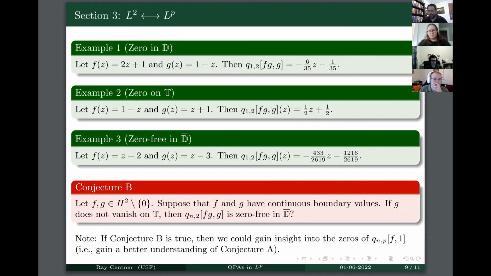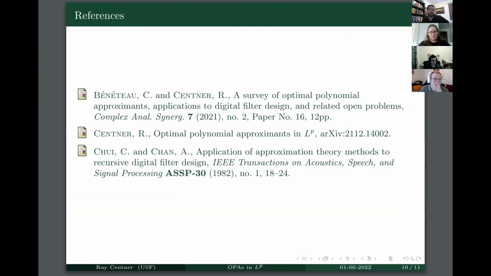But if you are interested in computation, please have a look at the paper I recently posted on the arXiv. I do talk about that in addition to some other open problems and also the details of what I talked about today. If you're interested in the engineering portion, I posted a couple of references.